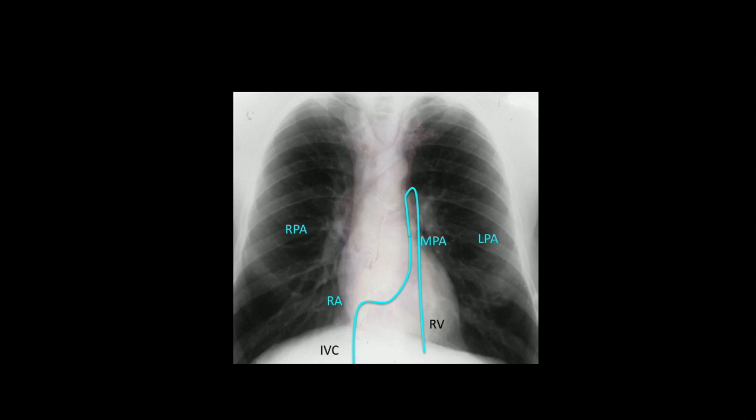Where's that? So how could you get from the MPA down to what looks like the aorta? Exactly. So through a ductus, which would be up there, and then down to the left side of the spine, which would be the descending aorta.